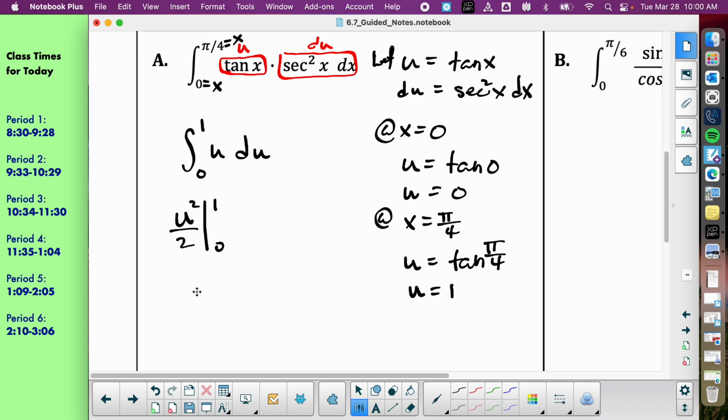If you want to write plus c, go for it. Okay? We don't actually have to switch back to x values because we figured out the corresponding numbers to u values. We actually could just leave it and finish the problem with 1 and 0. So this would be 1/2 minus 0, or 1/2.